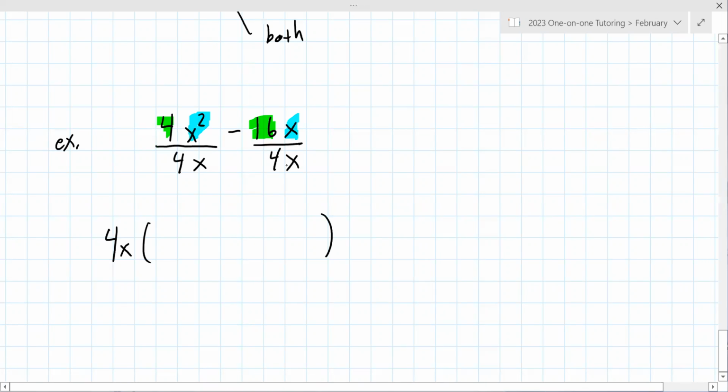Okay. So 4 divided by 4 is 1. What is x squared divided by x? What did we do in the previous problems?